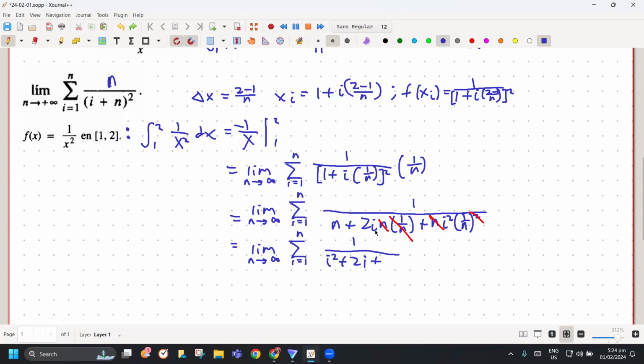Ganito, nag-distribute ka ng n sa isang square. Hindi, ganito. Saan ba tayo papunta? Ano yung destination na gusto natin? So, yung suggestion ko, instead of distributing n dun sa square, factor out mo yung 1 over n. So, ilabas mo sa square.